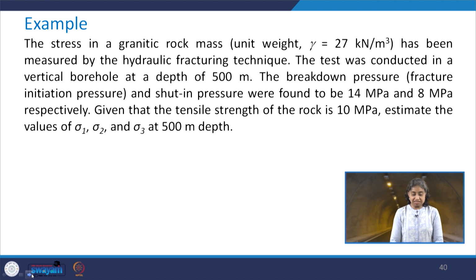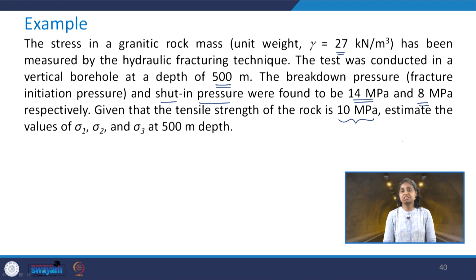So, here is the statement of a problem where the unit weight of the rock mass is given as 27 kilonewton per meter cube, and the test was conducted in a vertical borehole at a depth of 500 meters, and the breakdown pressure or the fracture initiation pressure was 14 MPa and the shut-in pressure was 8 MPa. The tensile strength of the rock is given to be 10 MPa, and we need to estimate the values of the principal stresses sigma 1, sigma 2 and sigma 3 at the depth where we conducted the test.